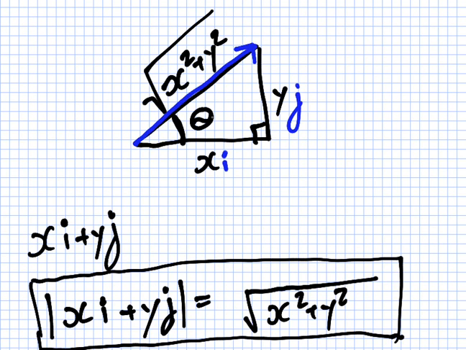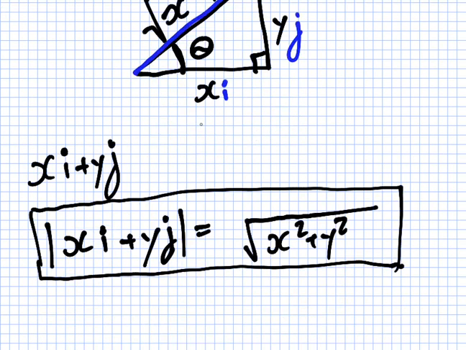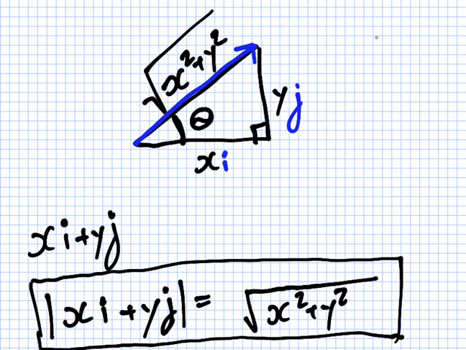Would anybody know what formula I could use to find theta? What I could do to find theta? Which one would I use? Well, we usually use tan here, normally. Now don't worry, we'll do this in maths class, but for today I'll just say tan theta is equal to y over x.